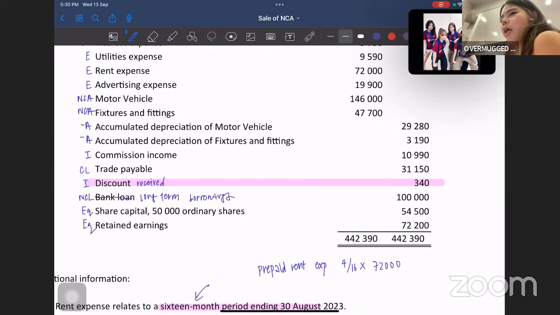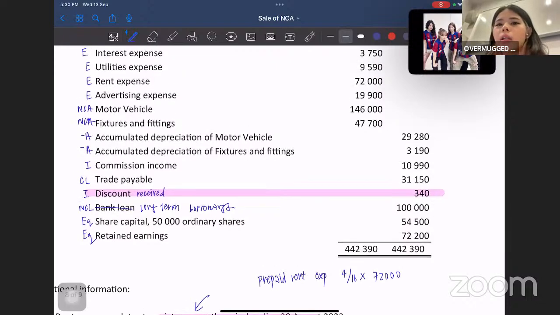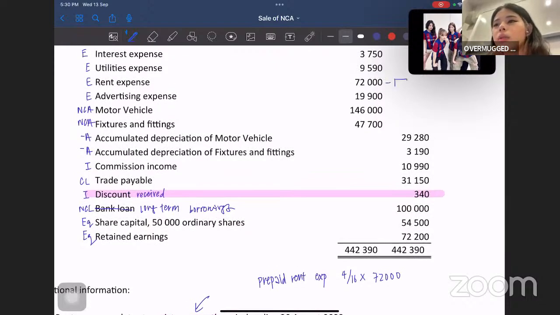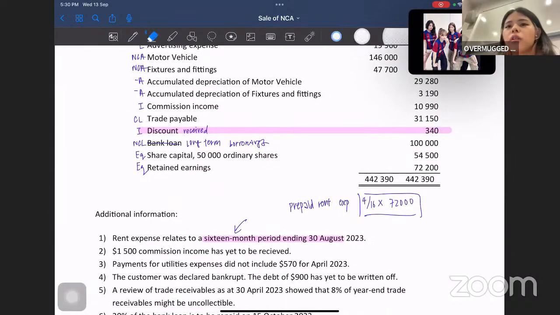I will just write the workings, but I won't write the actual figure. So for here, I will minus prepaid rent, and it will be the prepaid rent that I minus. So it will be 4/16 times 72,000, and then I will minus it. O plus P minus. Prepaid I minus. And then let's move on.